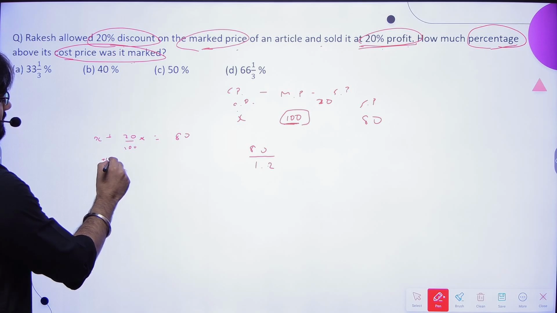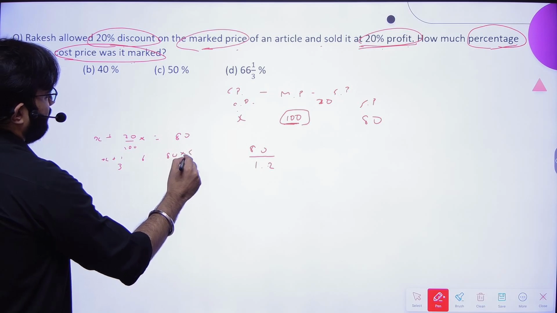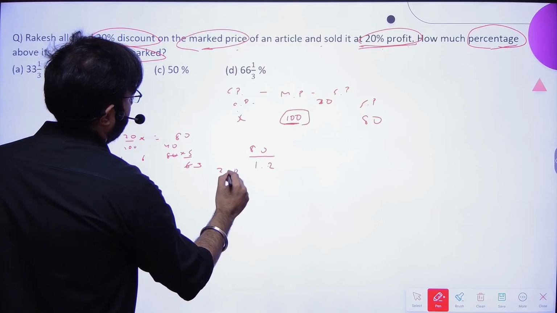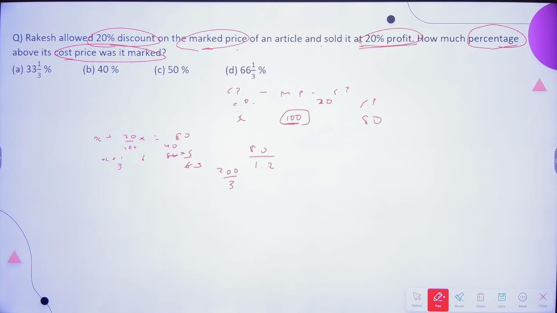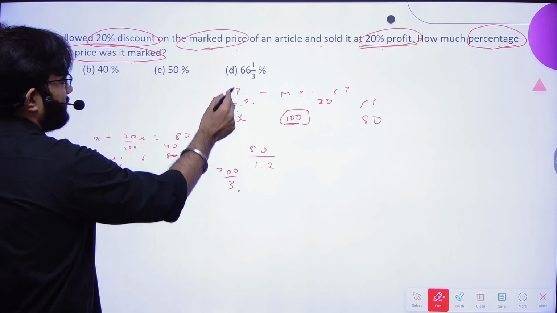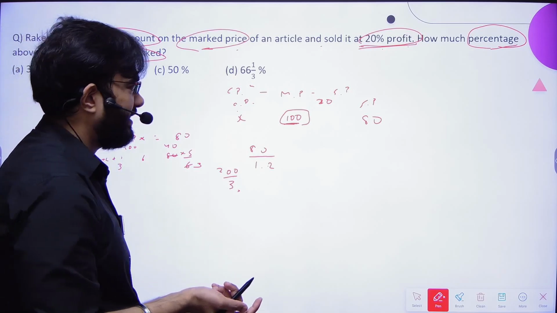So again, 1 by 5, so this will be 80 into 5 by 6, which is 200 by 3. Again, some options you might see that have 3, it does not necessarily mean that only A and D are right, because when you solve, sometimes you can get the other option.